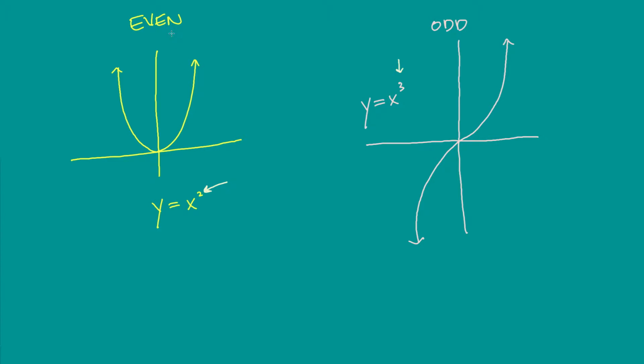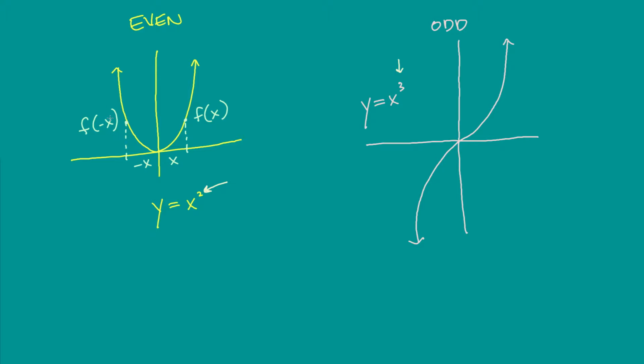Let's say we're looking at an even function. If we go over a certain distance, x, right here, we crawled along, it'll have an f value, a function value, or a y value of f of x. If we went backwards, so that instead of going to the x value, we go to the negative x value, the same distance, and we come up the graph, we would get an f of negative x.